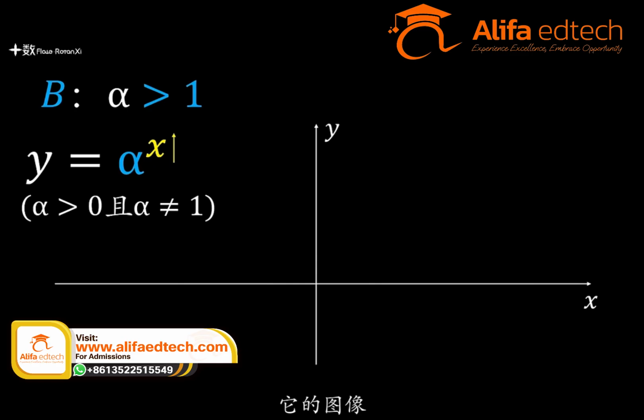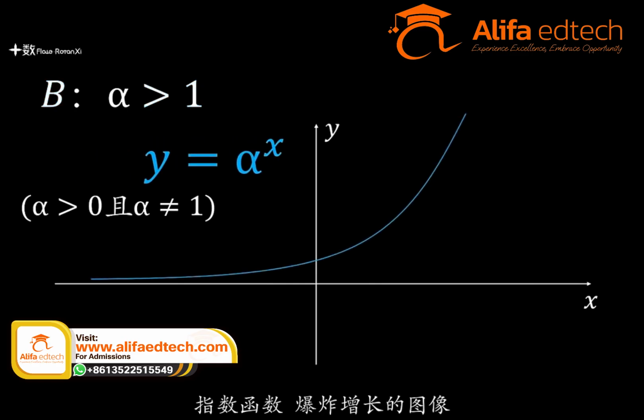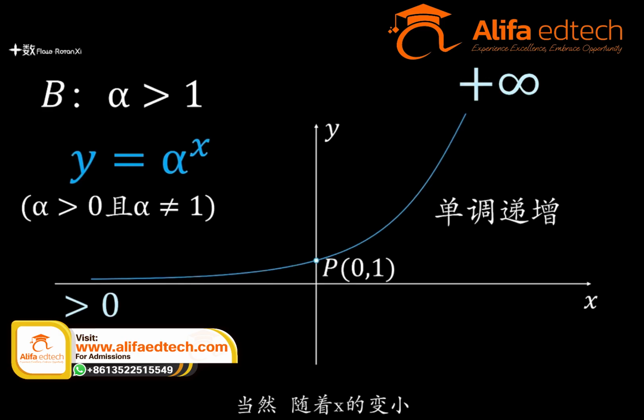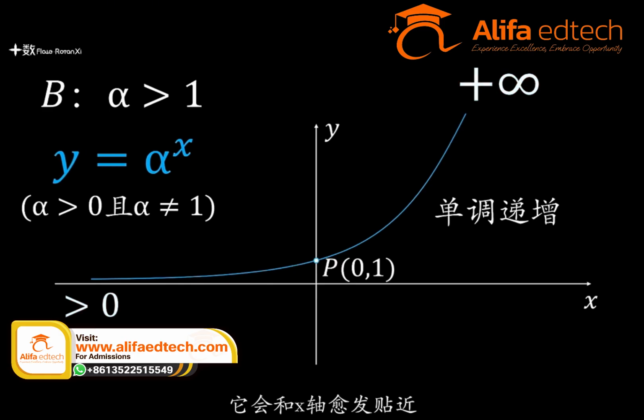This is the most classic exponential function, a graph showing explosive growth passing through point (0, 1), monotonically increasing, approaching infinity upward, bounded below by 0. Of course, as x decreases, it gets closer to the x-axis, but never intersects it. The x-axis isn't just its asymptote, it's the common asymptote for all exponential functions.